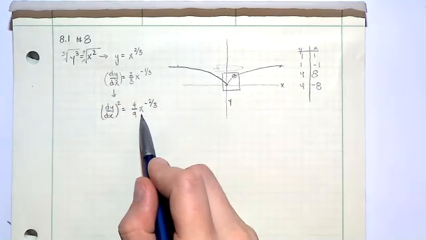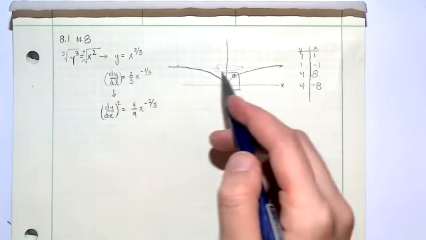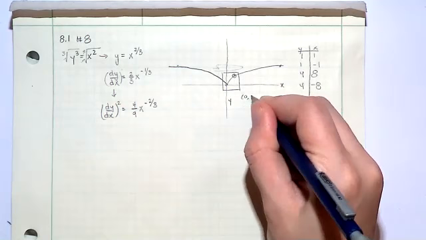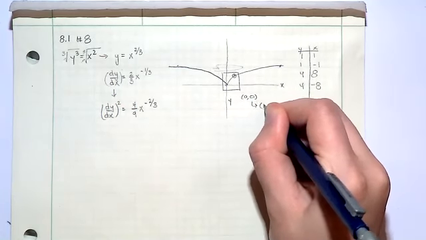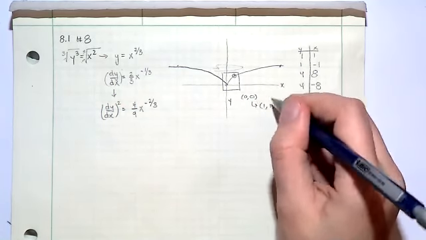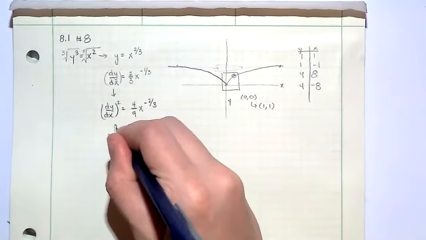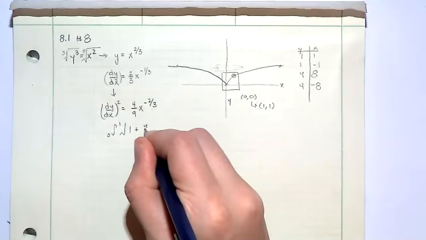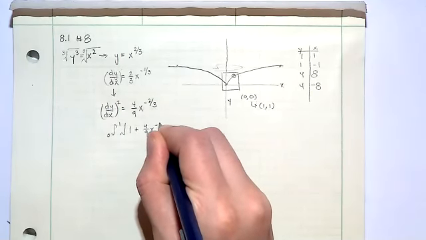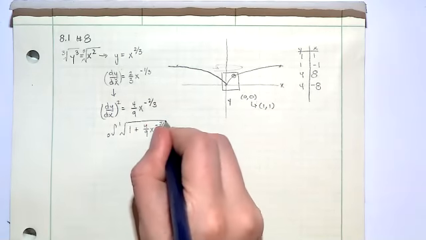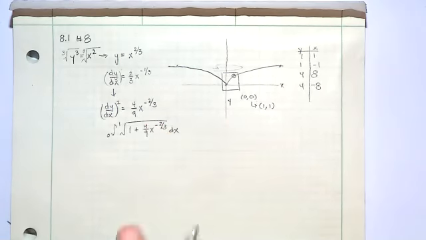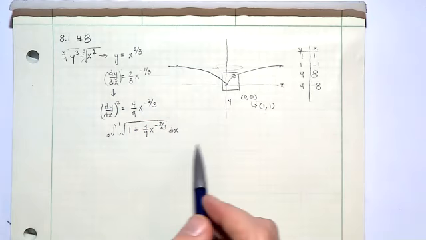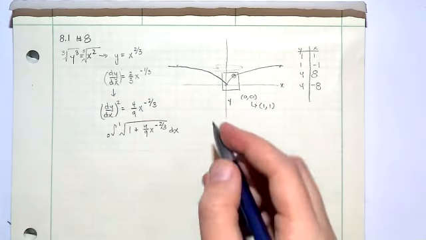And then since we're going in terms of x, we use the x values from our two given points. So we'll go from 0 to 1 of the square root of 1 plus 4/9 x to the minus 2/3 dx. And then you could go and integrate from there.